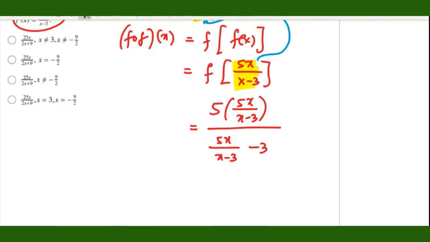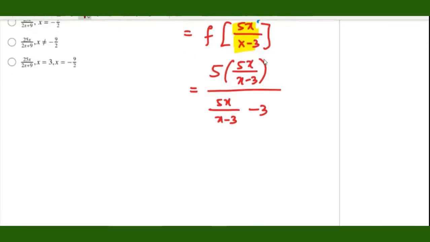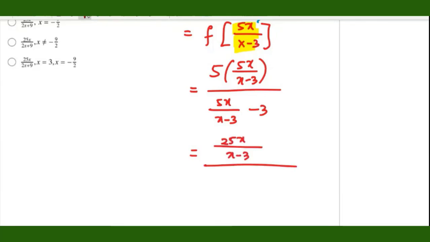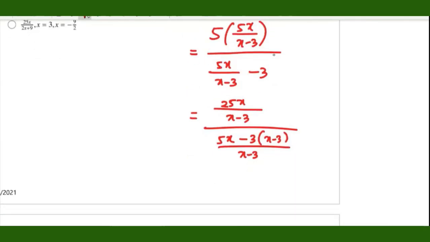So you could make the denominator the same. For the above part, you will end up having 25x over x minus 3, everything over 5x over x minus 3 minus 3 times x minus 3 over x minus 3. Later on, we can cancel off the x minus 3 and x minus 3.